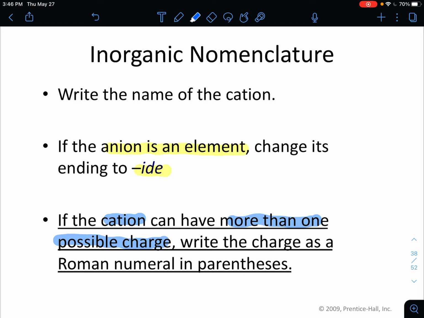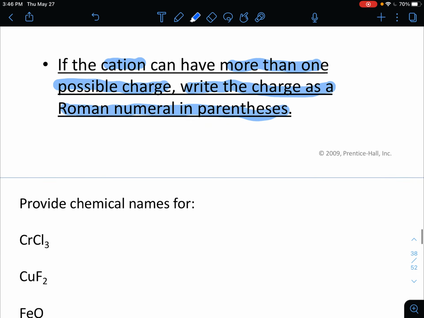So not the alkali metals, not the alkaline earth metals, not silver, zinc, or aluminum, but all of the other ones. We need to write the charge as a Roman numeral in parentheses right after the name of that particular metal.